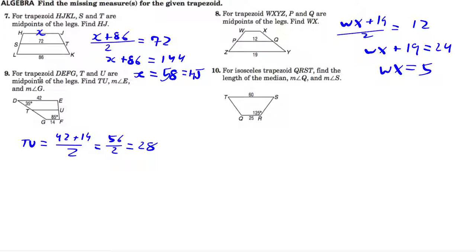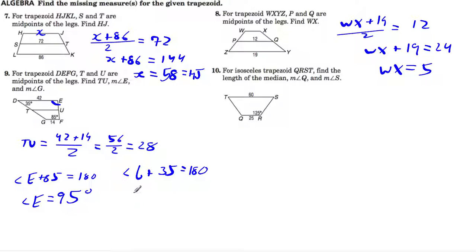Now because these are the bases and they're parallel, that means that these angles are going to be supplementary. So angle E plus 85 is equal to 180. So angle E is equal to 95 degrees. And angle G plus 35 is equal to 180. So angle G is equal to 145 degrees.